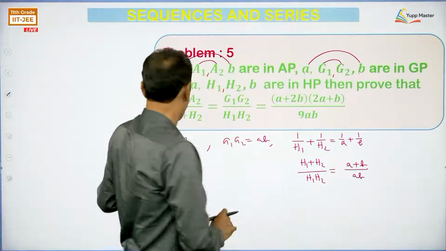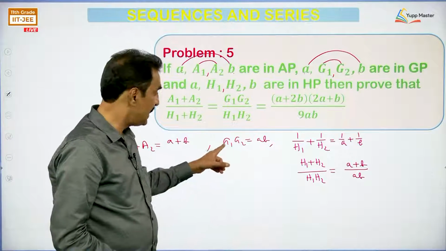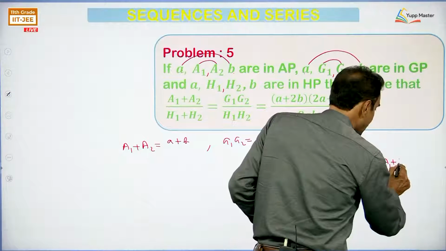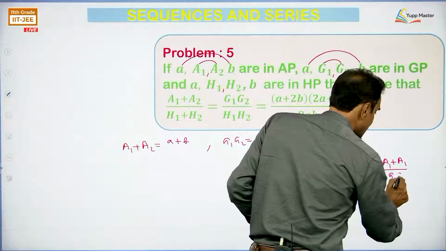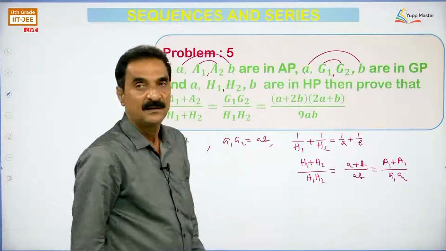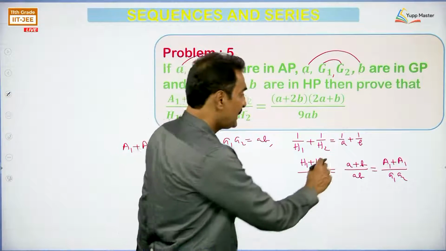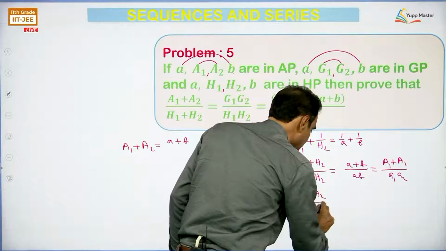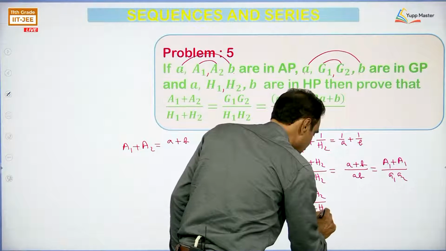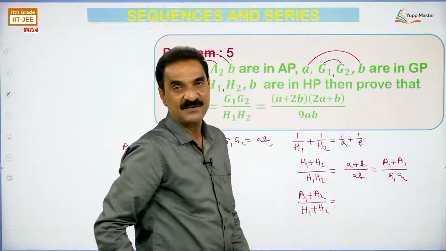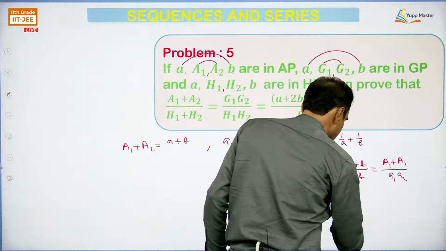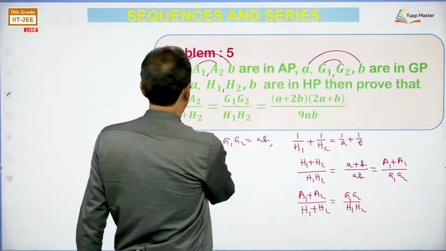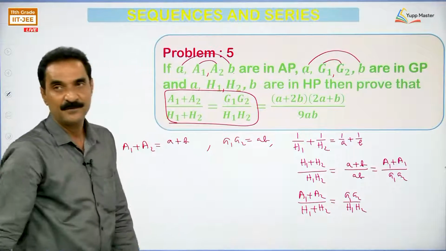A plus B is A1 plus A2, AB is G1 G2. So this is equal to A1 plus A2 by G1 G2. Cross multiplying, we get A1 plus A2 by H1 plus H2 is equal to G1 G2 by H1 H2. So we have proved the first part.